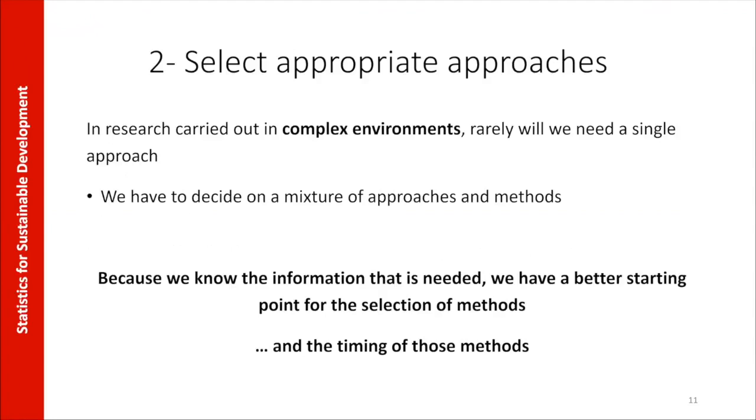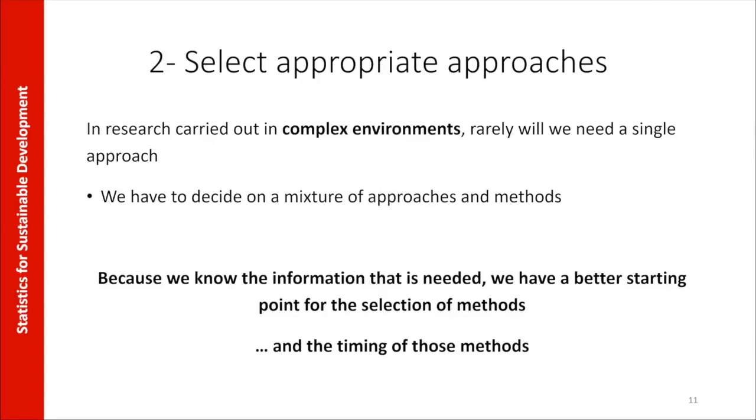So once we have this draft final report, we select the appropriate approaches. In complex environments, rarely do we rely on a single approach. We probably need more than one approach, and most of you are using either quantitative and qualitative methods.